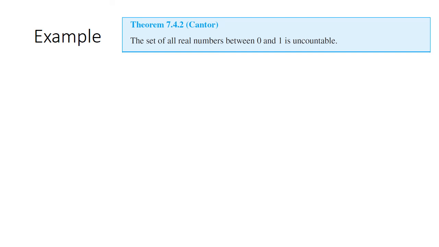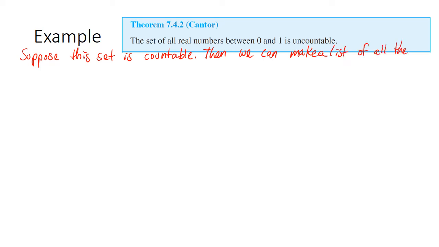What we're going to do is a proof by contradiction. We're going to suppose this set is countable. Then if it is countable, we can make a list of all the elements.